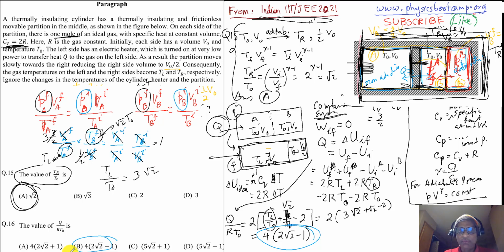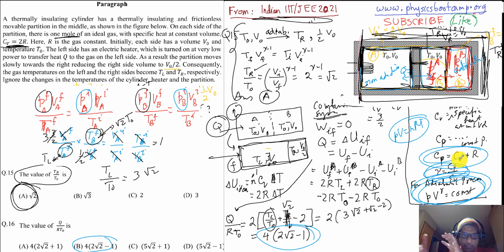You have to make use of some knowledge about the adiabatic process, some knowledge about the gamma, some knowledge about this, and PV equals nRT, and you have to know these separately and be able to put them back together. And there are multiple ways of solving the same problem.